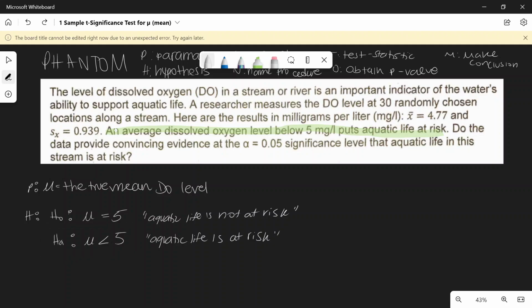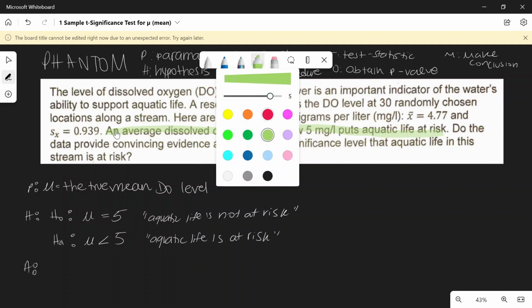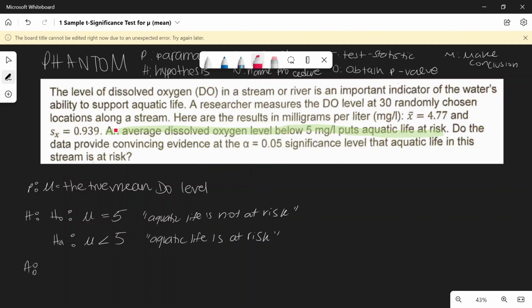Okay? So, here's the thing. Now we go to our assumptions. Well, actually, let me go a little bit back. So right now, they say that they took a random sample of 30 locations, and the mean, the average dissolved oxygen level, was 4.77.